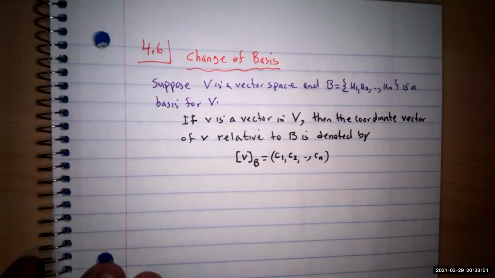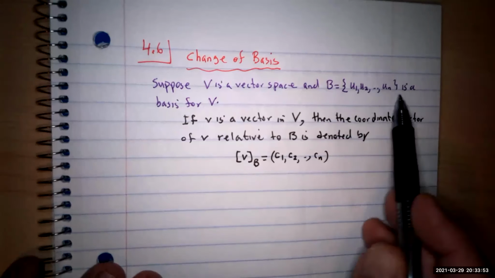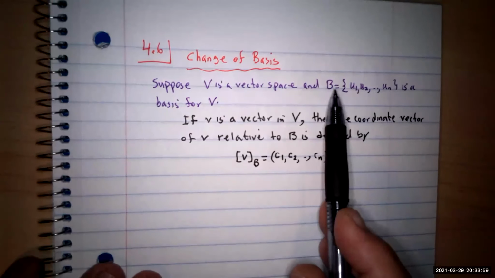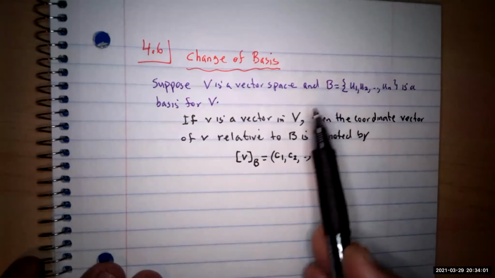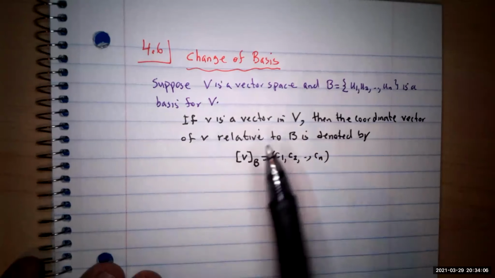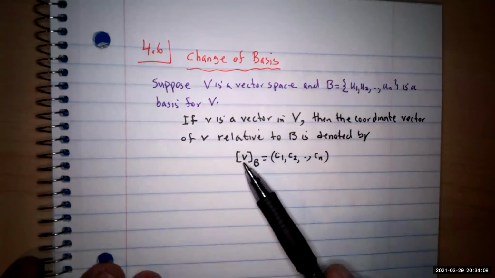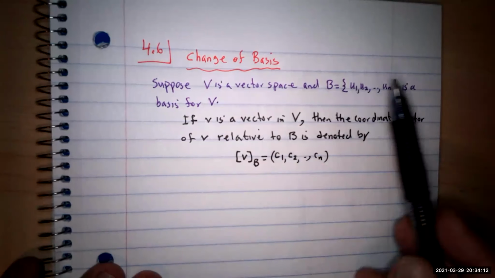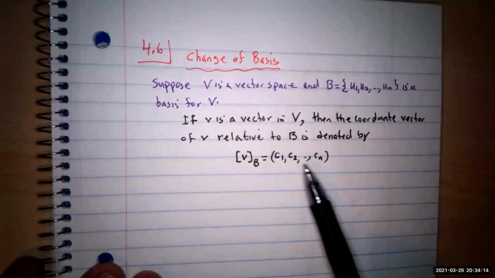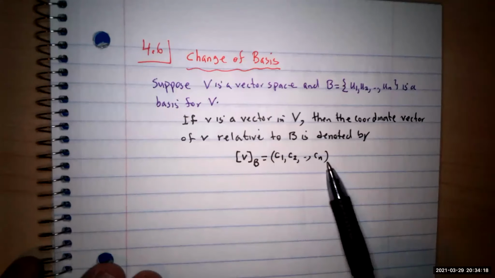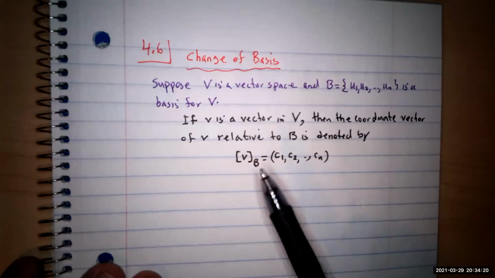Now the question is this. We call this one the old one. Now suppose I give you a new basis, B prime. So this vector v would also have a coordinate vector relative to B prime. You have one coordinate vector with respect to B, the given one, and one with respect to B prime, the new one.